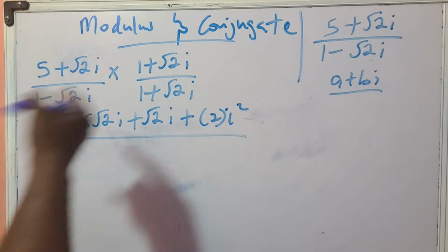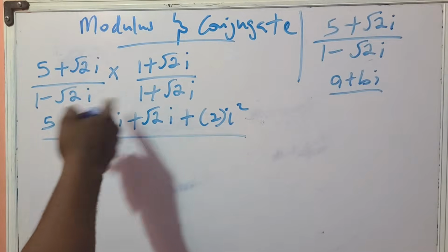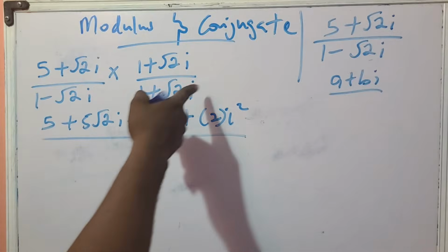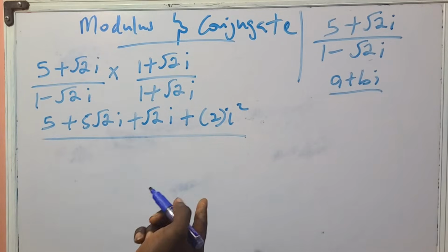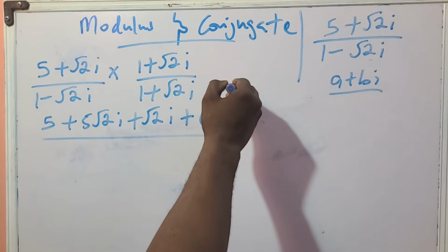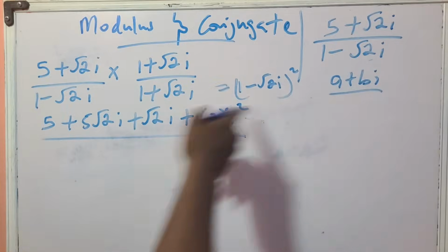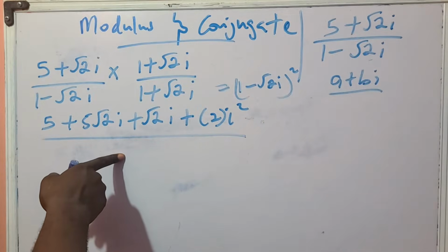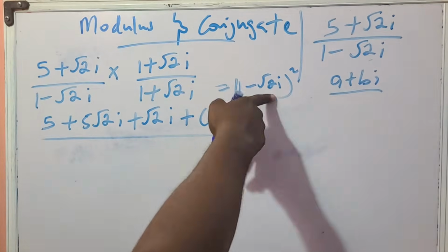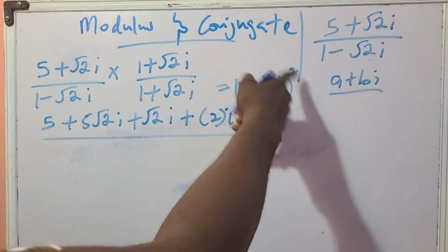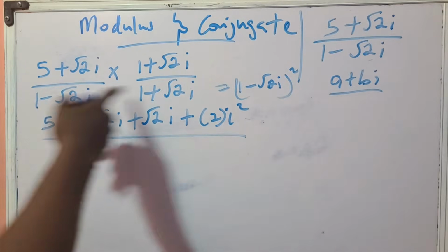But okay, let me do the same thing so that we can keep up with everyone that may not be able to follow. I wanted to change this quickly to difference of two squares. So I wanted to change this denominator to 1 minus square root of 2i all squared. That's what I wanted to write here. But for the sake of people that may not understand what I'm doing, from here I can easily go and do 1 squared and then do the whole thing and get my answer. But let me just do it straight off from there.